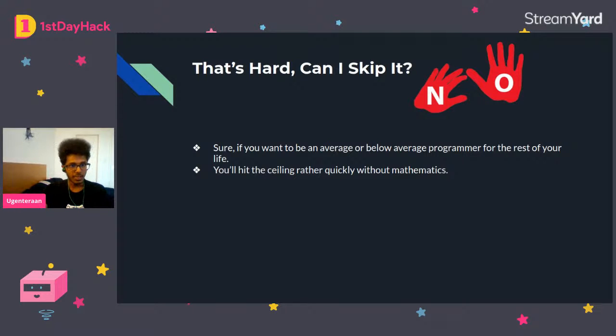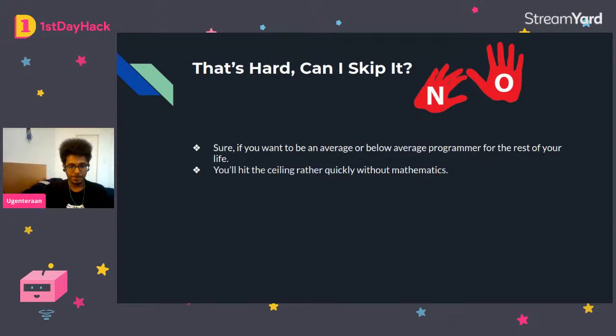So if the libraries do not have the function that you require to solve some sort of problem for your company or for yourself, you're not going to be able to do it because you don't have the mathematics knowledge to understand what's going on inside the libraries, right? And you will hit the ceiling very quickly. You can do stuff, yes, and people will say that you are good and what's not, but you can only go so far. You can't go after a certain limit.